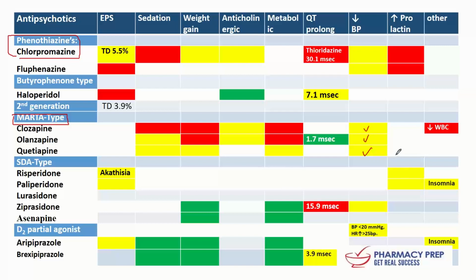Among the second generation, this also applies to aripiprazole. This is for aripiprazole. It just requires a correction here. It doesn't match the line, but it is for aripiprazole. So remember this side effect is for aripiprazole. Aripiprazole also has an effect on alpha-1 receptors, which can lead to orthostatic hypotension.